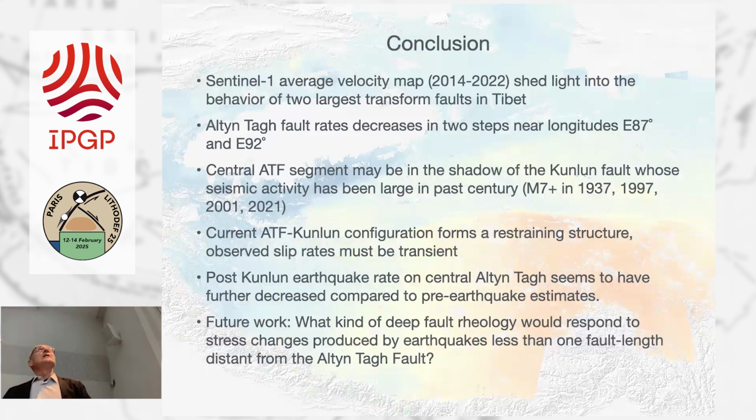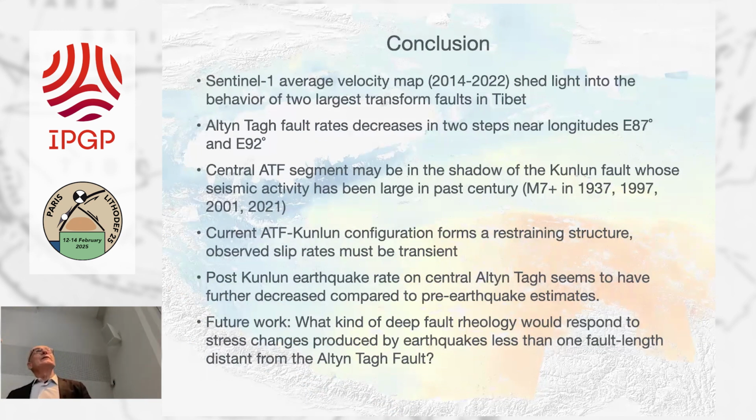The Sentinel average velocity map of this 8 year time period reveals some interesting behavior along the faults. The Altyn Tagh rate seems to decrease in 2 steps along the fault. It's not a continuous decrease, it's really 2 steps.